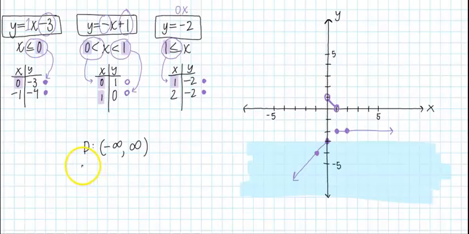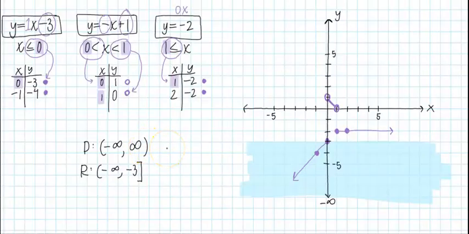So for range, my first piece goes from -infinity, since we're talking about y's, the negative infinities are at the bottom, and that piece stops at -3. At -3, it's a closed circle, so I use a bracket. Remember, closed circles use brackets, open circles use parentheses. Just so you know, infinities always get parentheses.